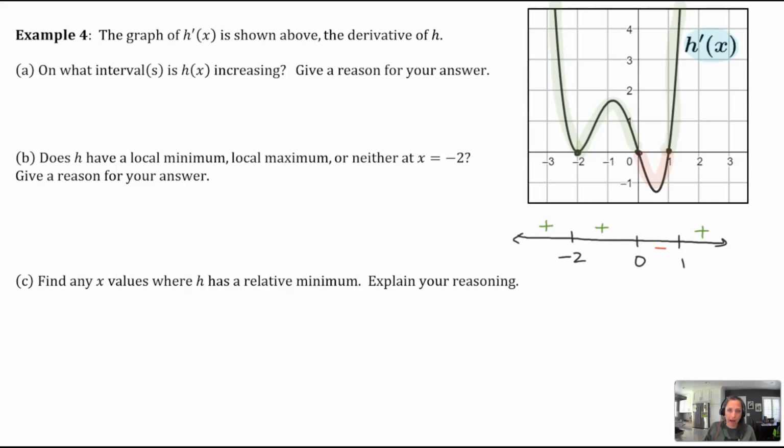We could even go back and think about the original function, h prime of x. It looks something like x plus 2, which has to be squared since it bounces, times x, and we have an x minus 1, right?